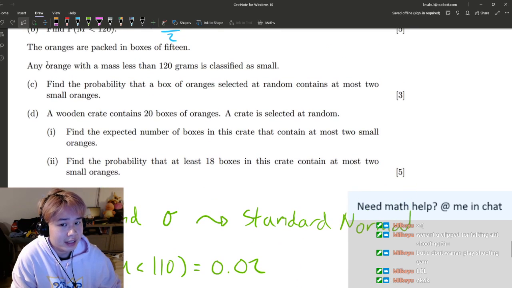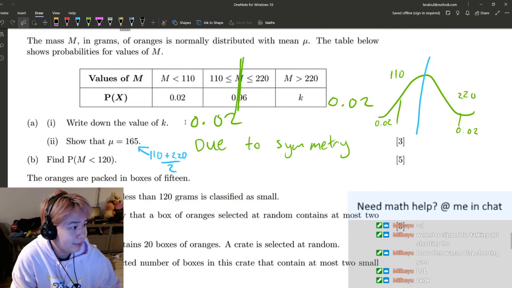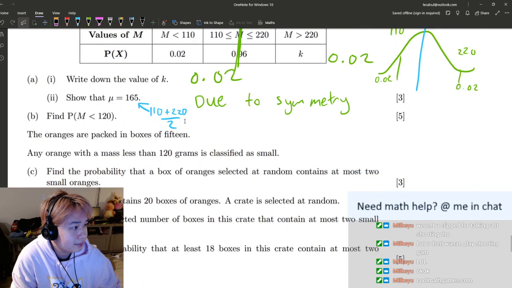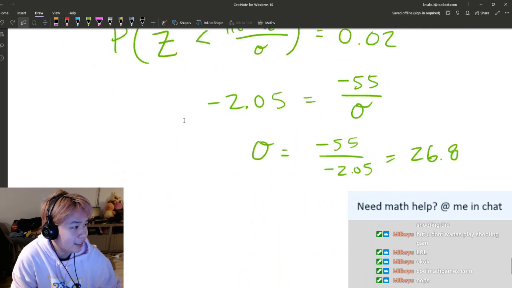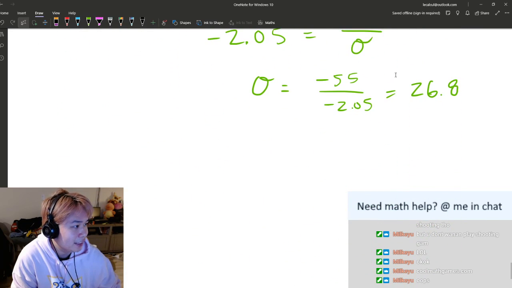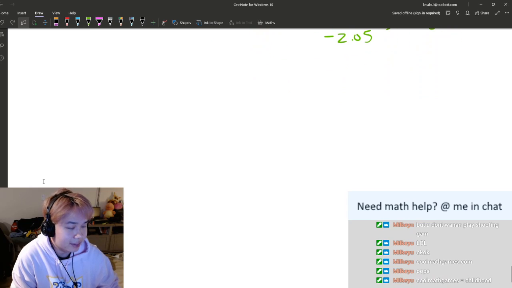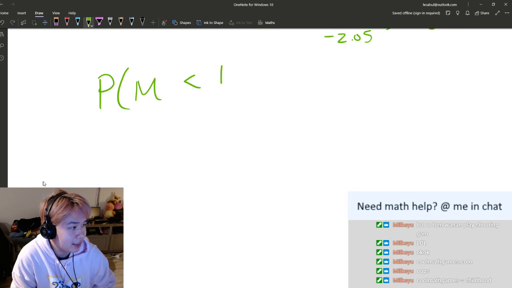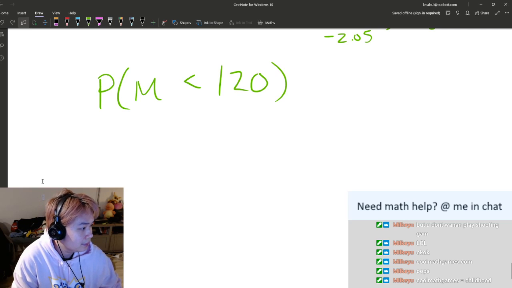Anyways, okay. Any orange with a mass less than 120 grams is considered small. Oh wait, I didn't even finish this question yet. I just found the standard deviation. So now I can go back and find out the probability of my mass being less than 120 grams.